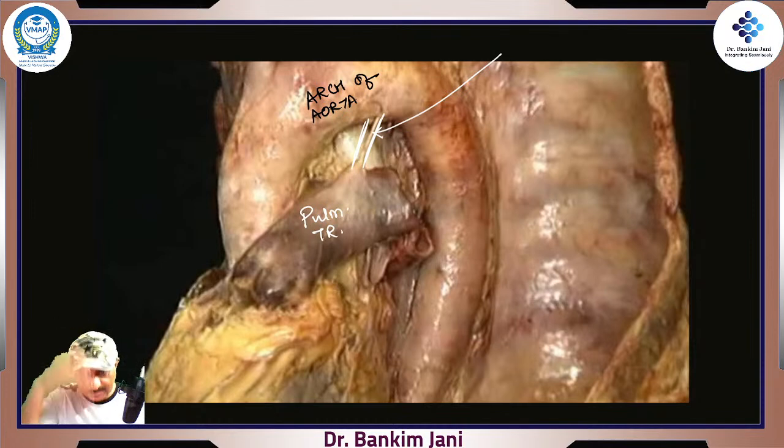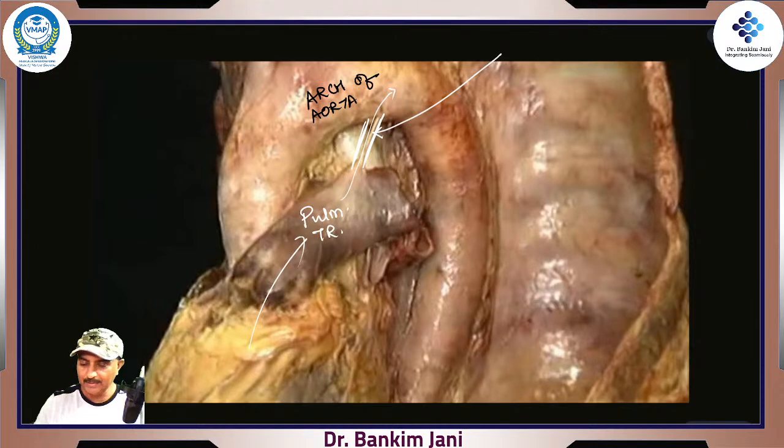But still some blood enters into the right ventricle. So from the right ventricle it would come into the pulmonary trunk. That blood would be wasted because in any case it is not going to the lungs. So that's why it goes via this and reaches the arch of aorta.